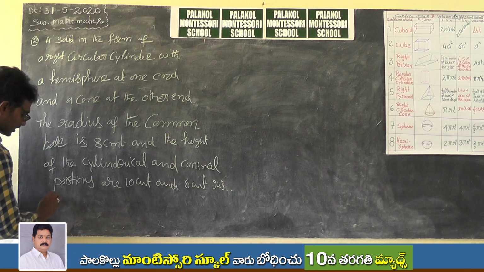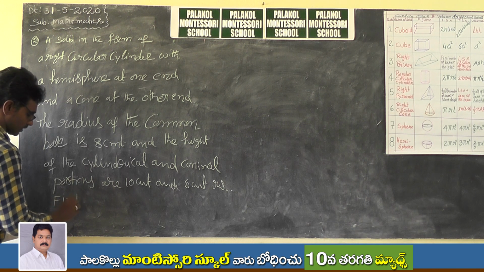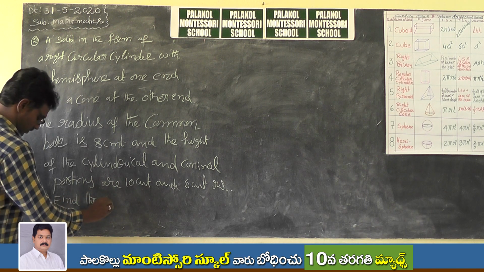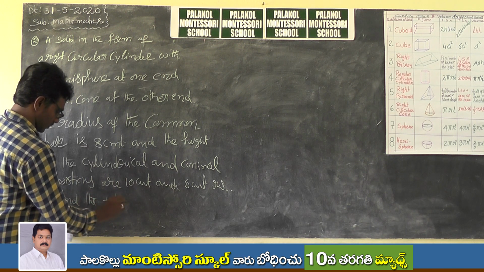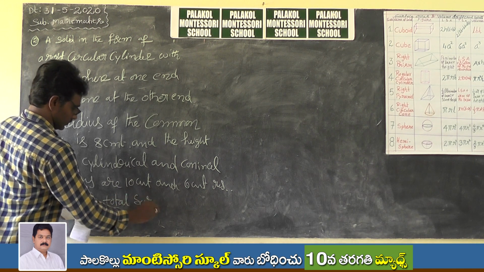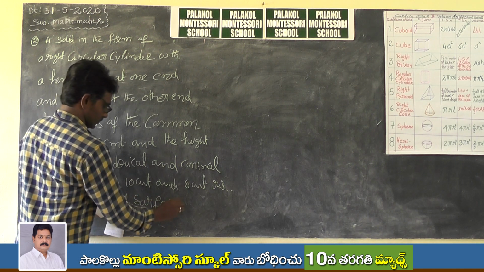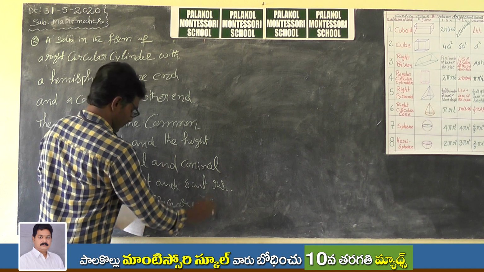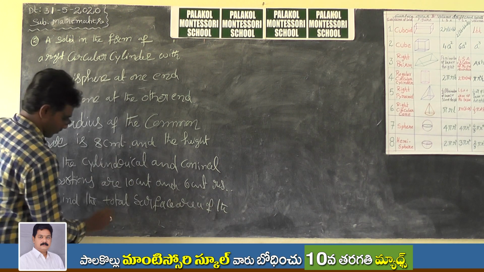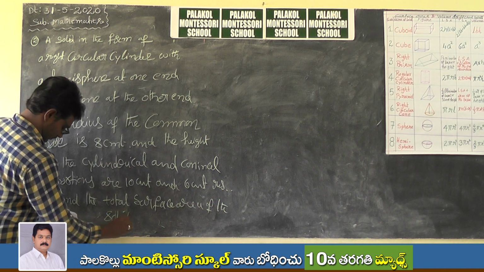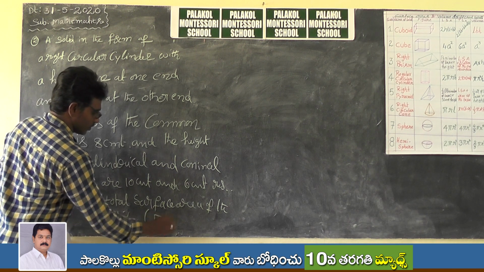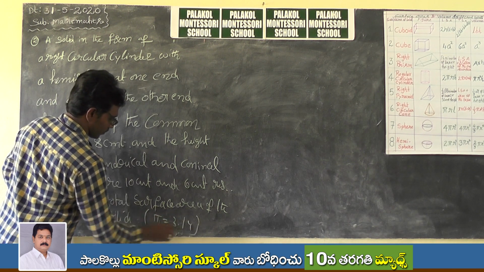Find the total surface area of the solid. Pi is equal to 3.14.